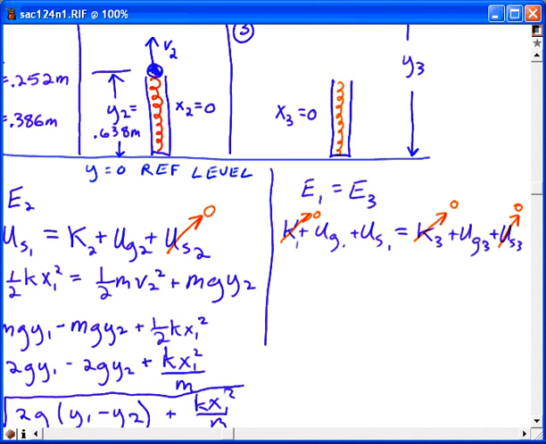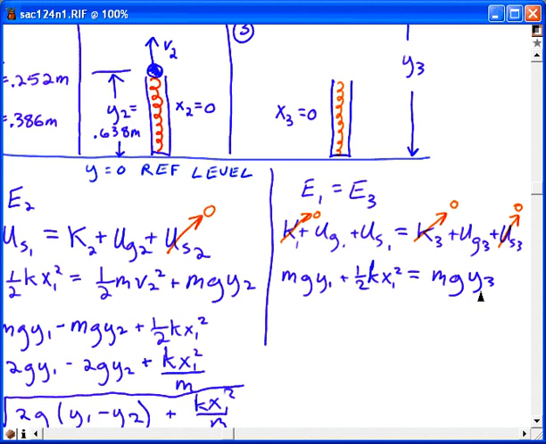Alright, let's go ahead and replace these symbols with expressions representing them. I've got mgy1 plus 1/2 kx1 squared. This is, of course, a lowercase k, whereas the uppercase K was used for kinetic energy. And that's equal to mg times the height in the after picture, which we've called y3. And in fact, it's y3 that I'm solving for.